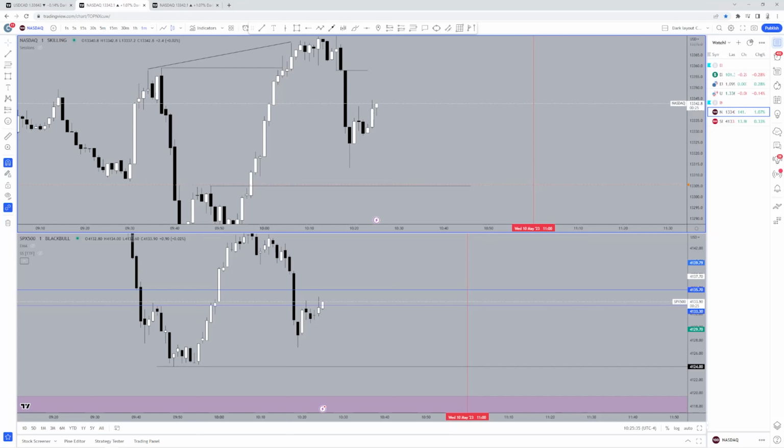I'm just waiting until this one either stops us out or it breaks this structure. If it breaks this structure, I'm gonna go offline.